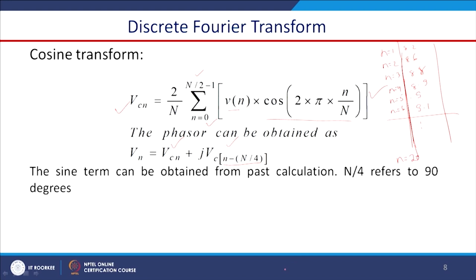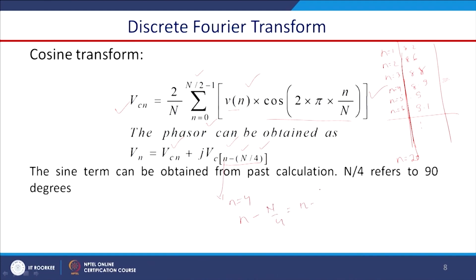Now, the question is, if this is my cosine part, how do I make it the sine part? From the same data I will construct my signal. If I am here, let us say n is equal to 4, how do I make the particular sample for this, n minus n by 4? From where should I start?